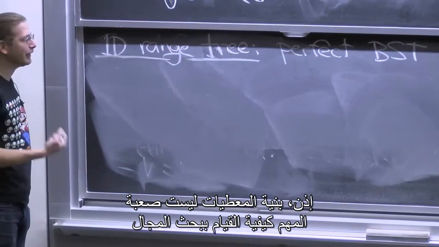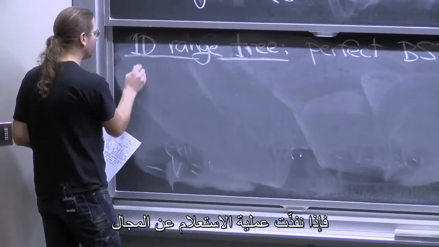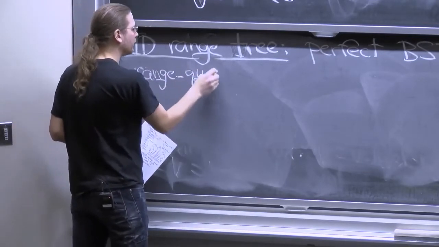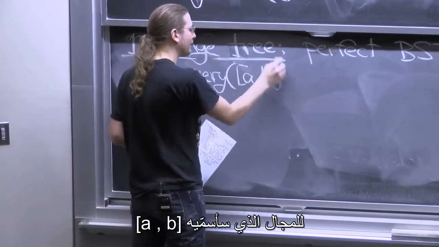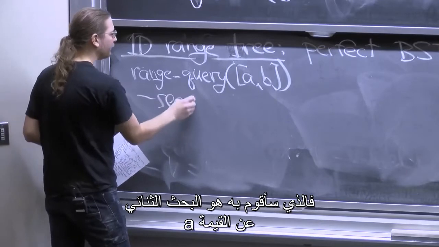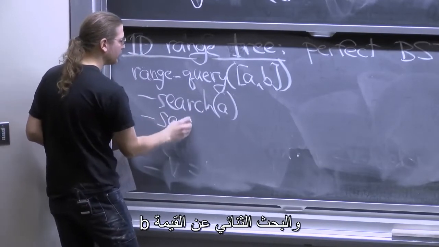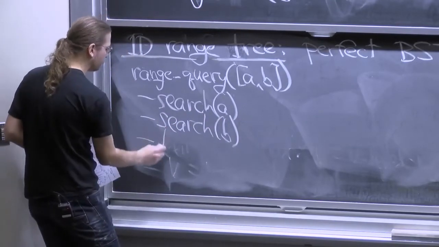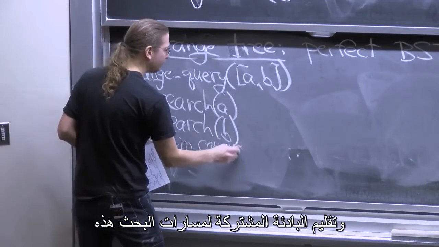But what's interesting is how I do a range search. So if I do a range query of the interval, I'll call it AB, then what I'm going to do is do a binary search for A, do a binary search for B, trim the common prefix of those search paths.